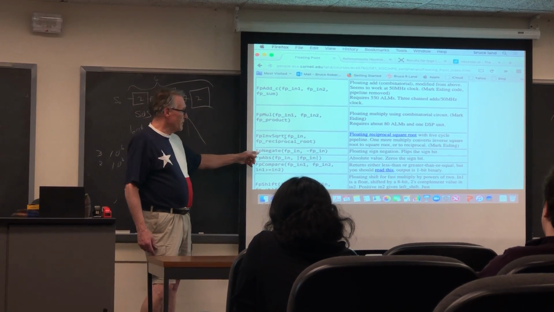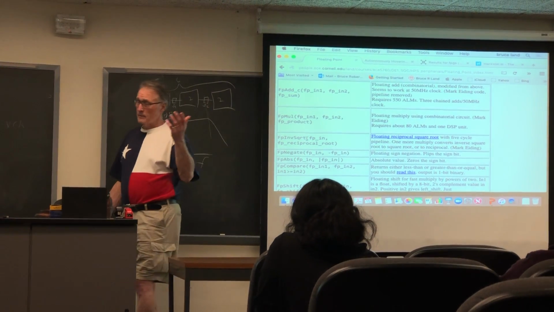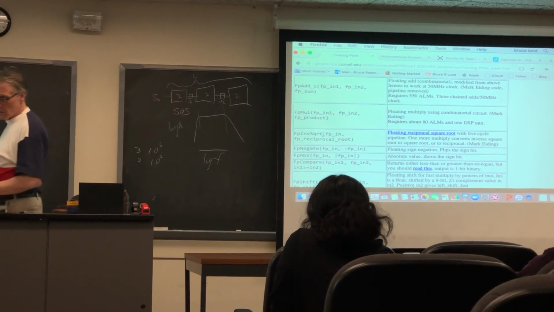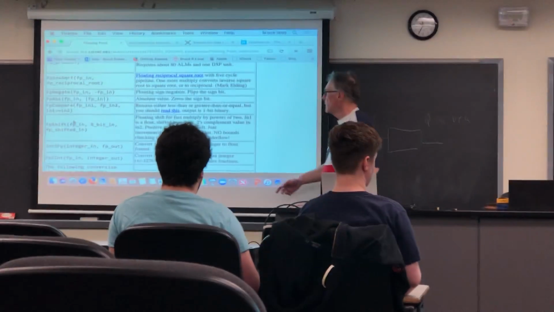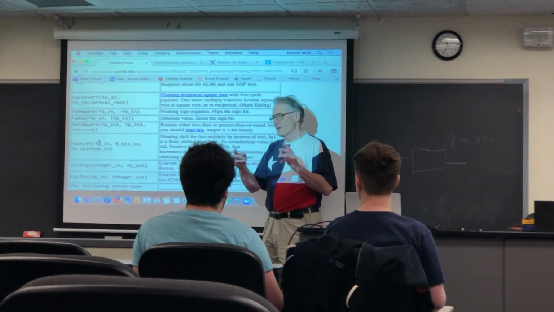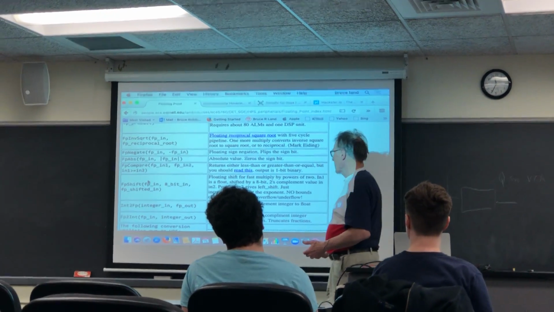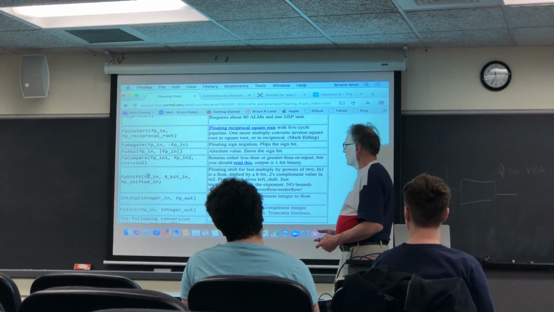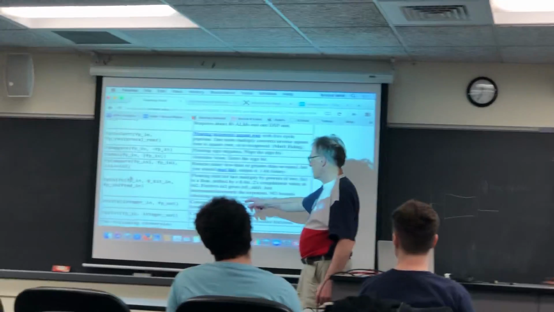Negate's easy. You flip a bit. Absolute value is easy. You zero a bit. Compare is straightforward, except you have to look at both the significand and the exponent. Floating point shift just does a multiply or divide by a power of 2.